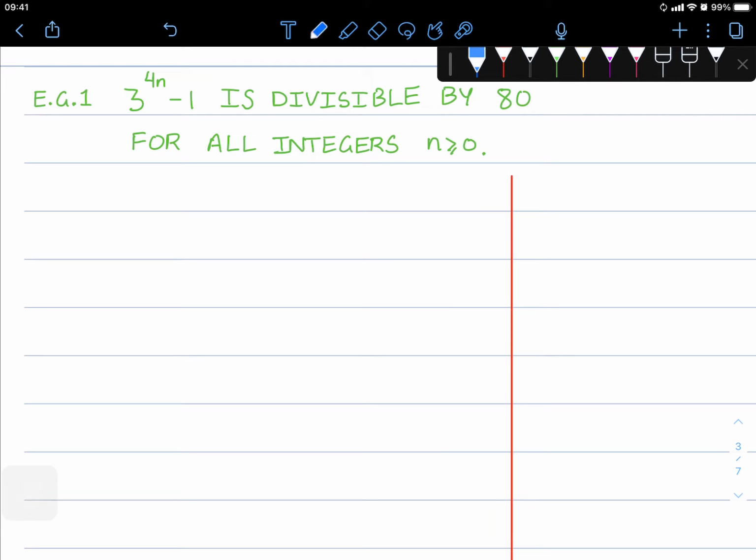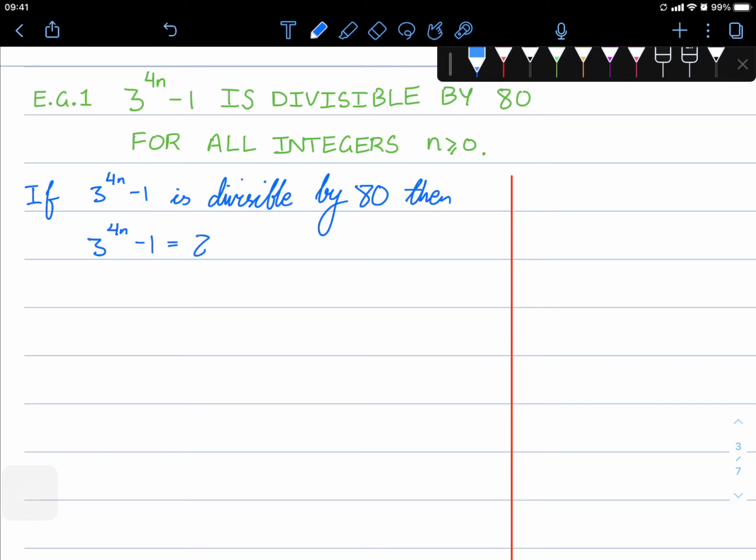So the first statement when it comes to divisibility tests, we say if the expression is divisible by 80, then we can say that the statement 3 to the power of 4n minus 1 can also be of the form 80 times m for any integer m greater than or equal to 0.